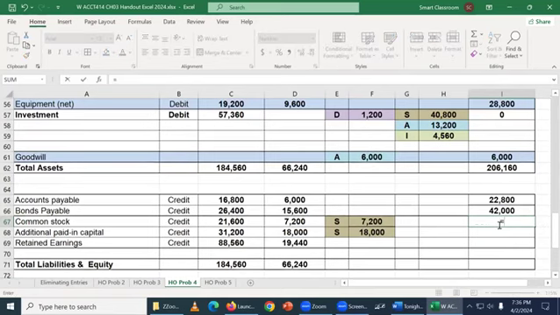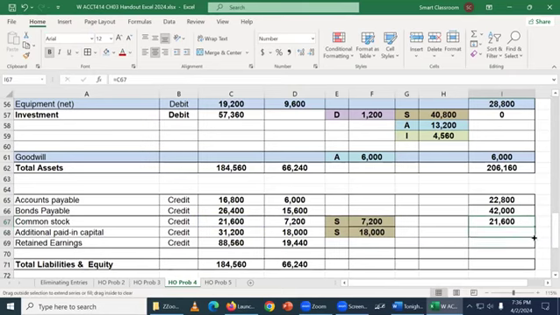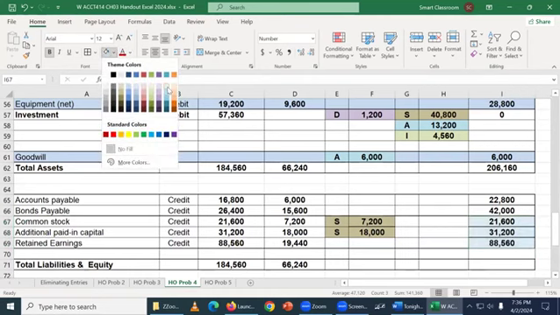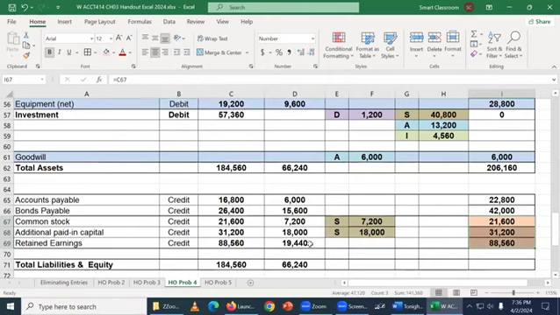All the equity for the subsidiary is gone. And these should equal.